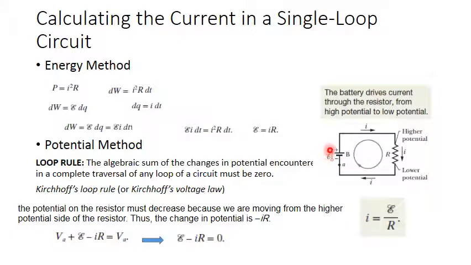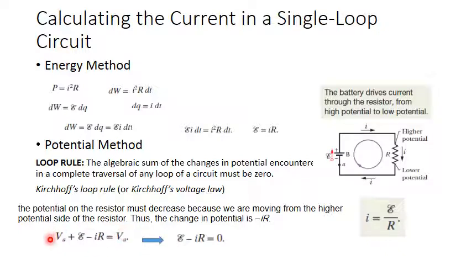So VA plus the potential of the battery E, minus the voltage drop at the resistance IR, would equal the potential at point A. I have started from A and returned back to A as a closed loop.